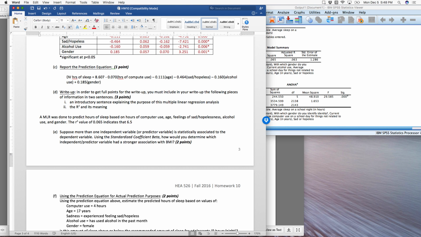So we multiply it by 100 first to get a percent. So 6.5% of the variability in hours of sleep is accounted for by the IVs that we measured. You can write them out if you want, but I'm just going to leave it at that.